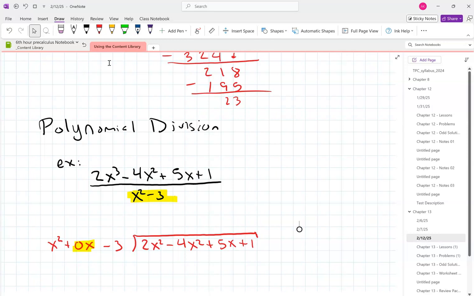So the way that we're going to start this, oops, I wrote down a squared here. That was a cubed. Okay. The way we want to start this is I want to ask myself, what times x squared gives me 2x cubed?